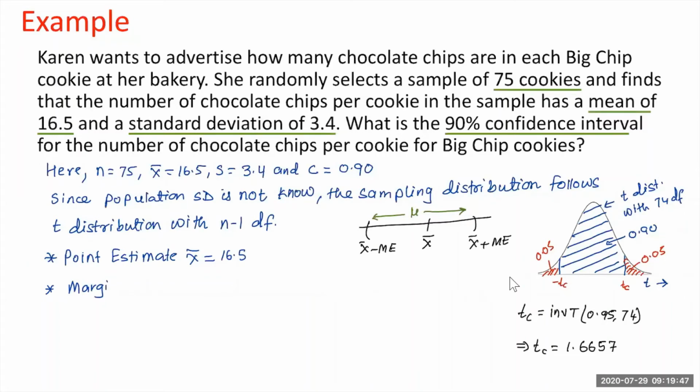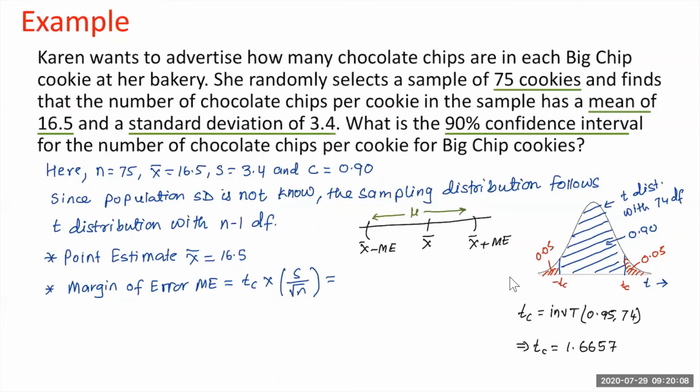Margin of error, we write ME, is equal to, for the t distribution, t critical multiplied by the sample standard deviation divided by the square root of n.